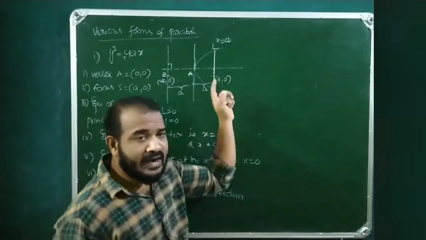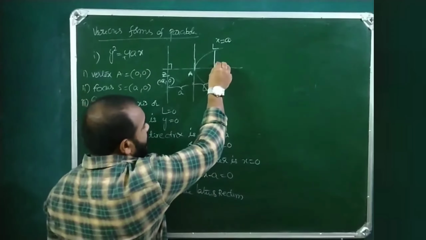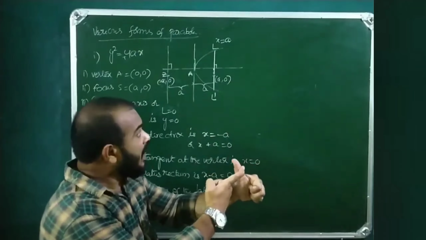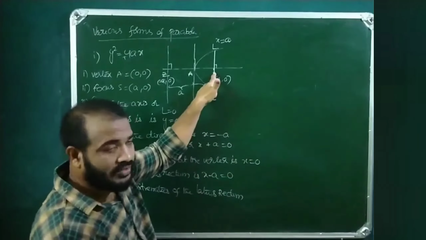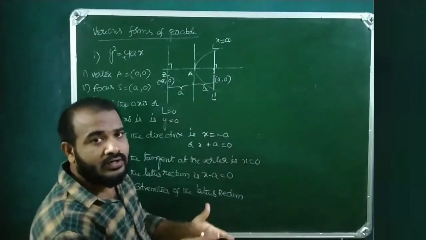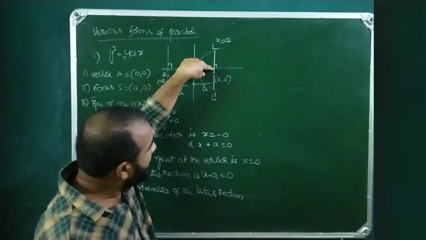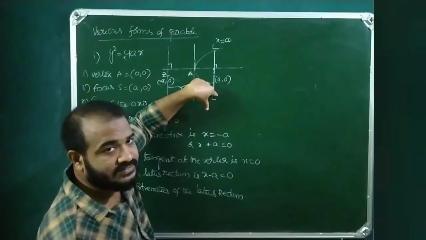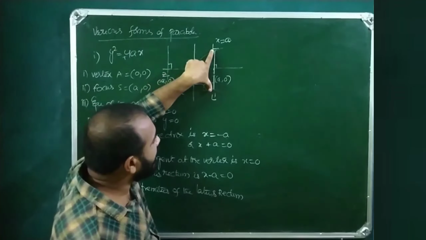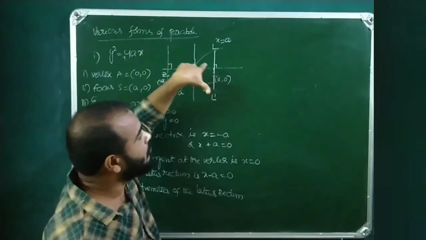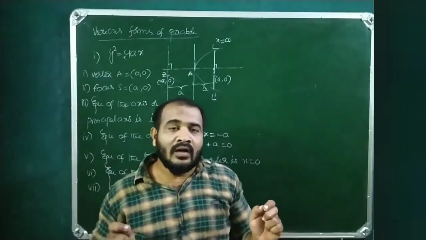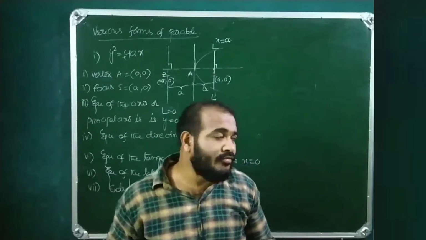First of all, what is meant by latus rectum? The latus rectum is a chord, and that chord is passing through the focus. That means it is a focal chord, and that focal chord is perpendicular to the principal axis. This line is perpendicular to the principal axis. A focal chord is a chord passing through the focus.